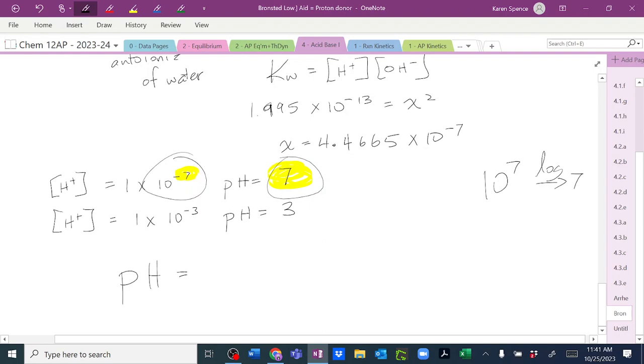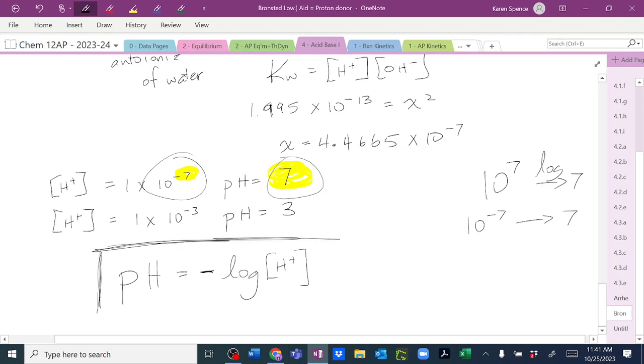But if it's 10 to the negative 7, we take the negative of the log. Yes, we take the log and then we make it negative. So pH is the negative of the log of the concentration of the hydrogen ion. You must know that formula. Okay?